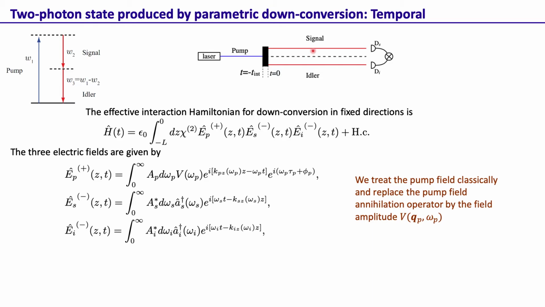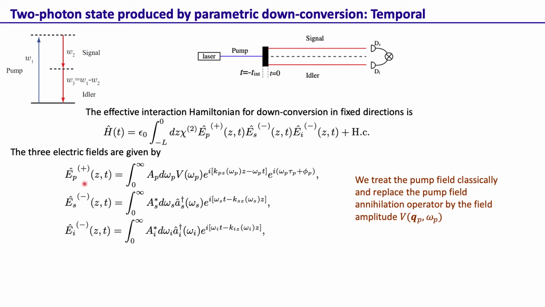But for the signal and idler photons, there is only one or a maximum of 2 of them. There's one signal, one idler, or we can have some probability where we have 2 signal or 2 idler. In fact, we will not even be looking at those possibilities. For the kind of effects we are interested in and the intensities we would be working at, we will have at most 1 signal and 1 idler, and hence we need to treat them quantum mechanically.